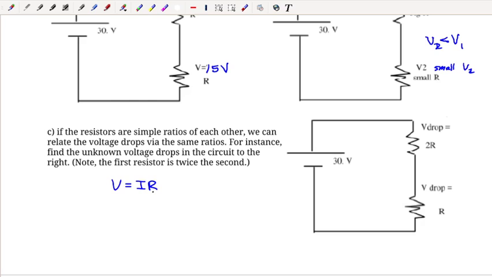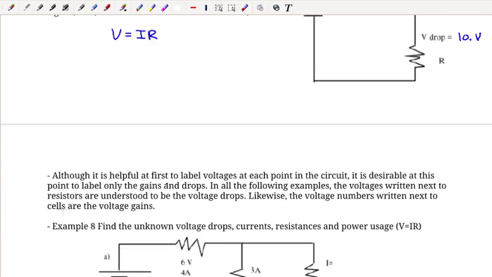If R is half as big, V is going to be half as big. So 2R means we're going to lose twice the voltage here that we lose here. So this is going to be then 20 volts lost at the beginning and 10 volts lost at the second one. 20 plus 10 gives me 30 volts lost total.